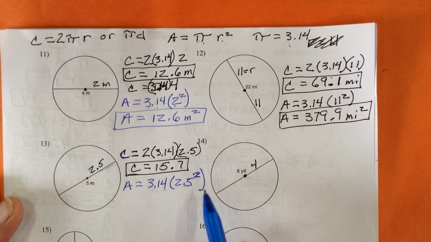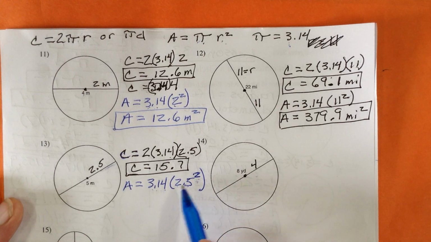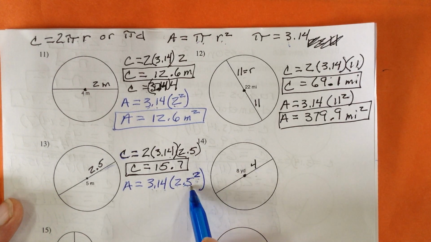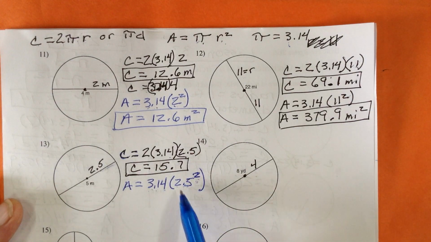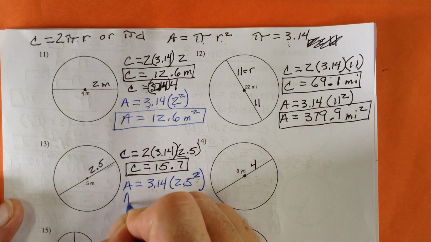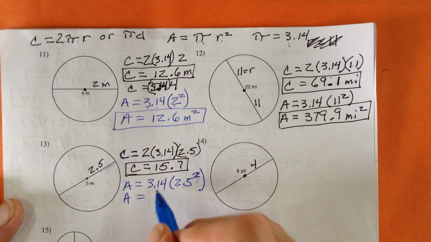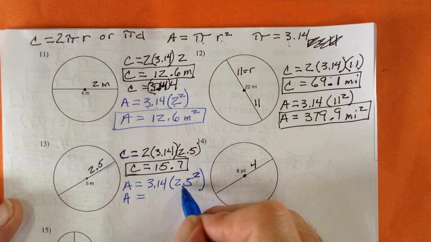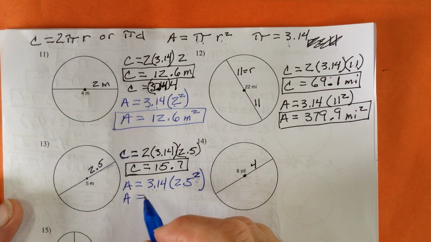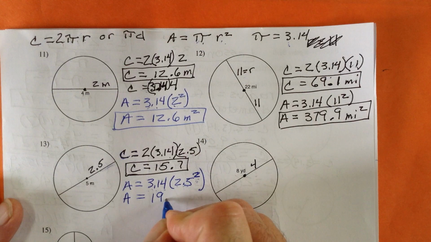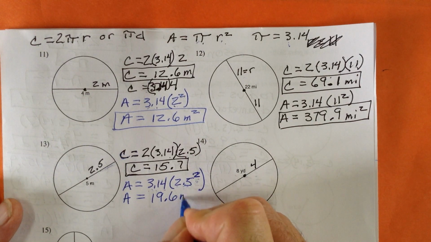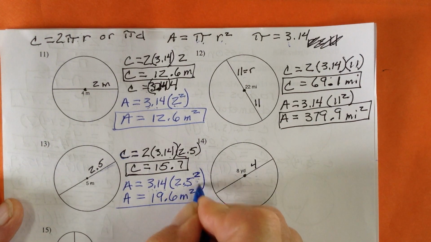And you got to do that squared. You got to go 2.5 times 2.5 times 3.14. You got to make sure 2.5 is multiplied by itself. So if I go 3.14, 2.5 times 2.5, I ended up with 19.6 square meters.